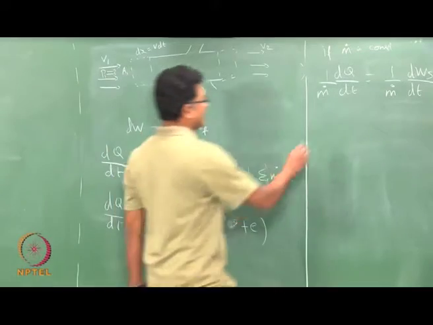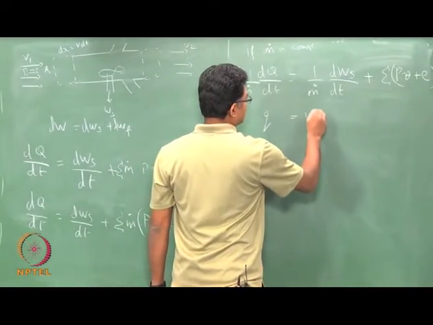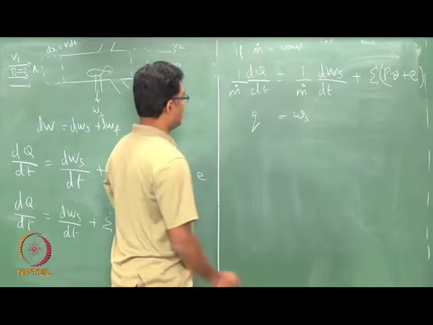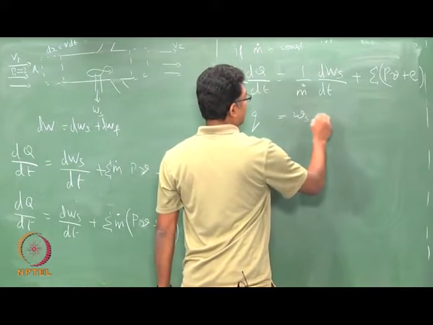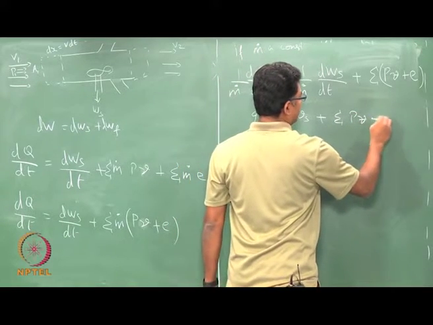This I rewrite as small q plus small ws plus sigma P plus E.